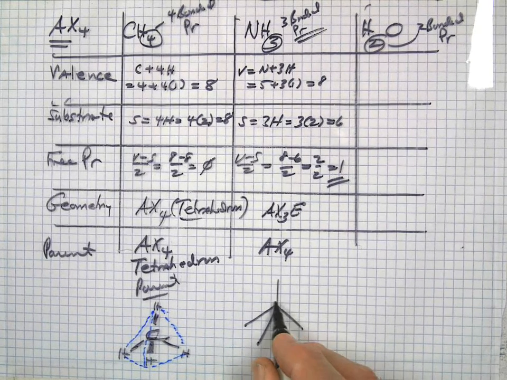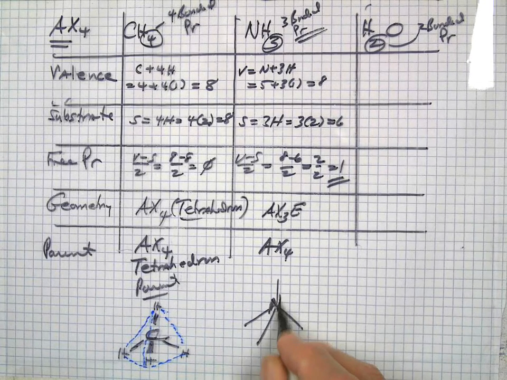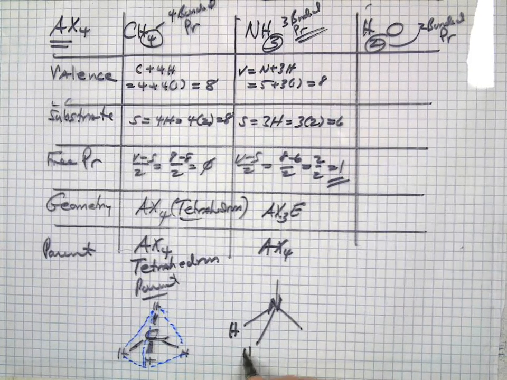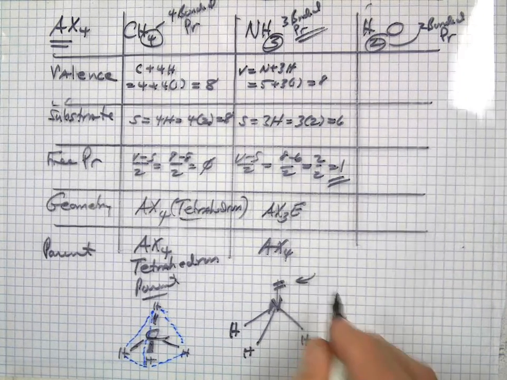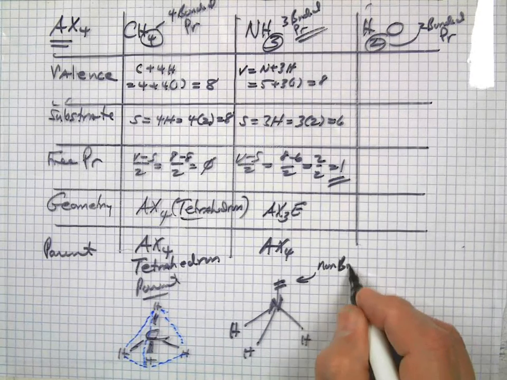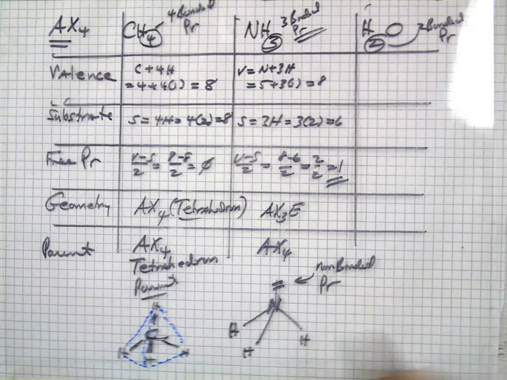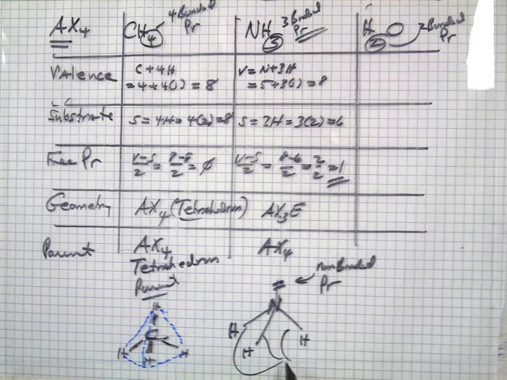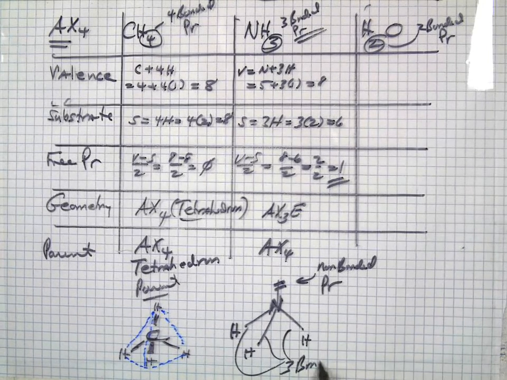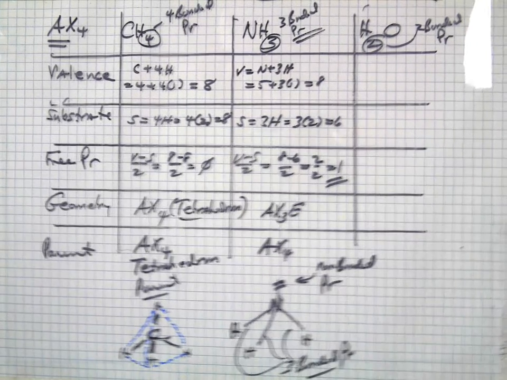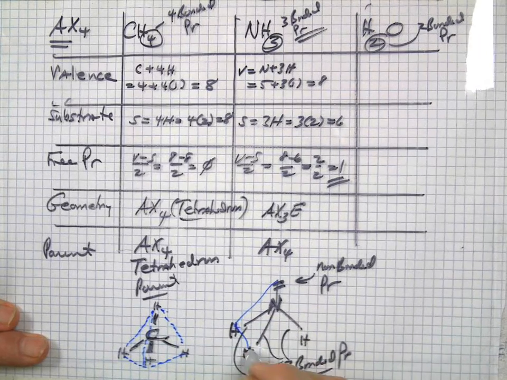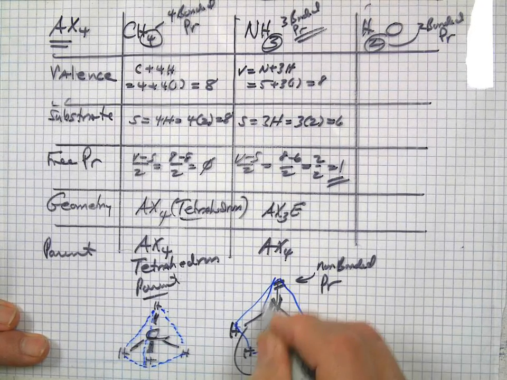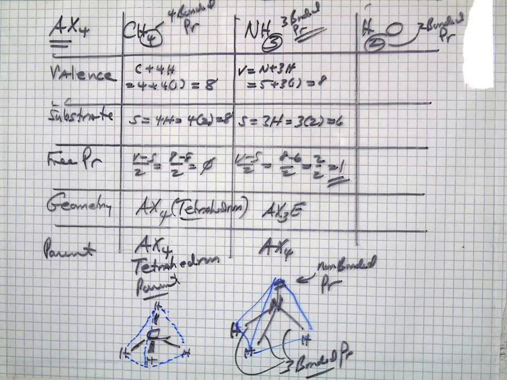So everything starts with an AX4 tetrahedron. And here is your nitrogen in the middle. Right here, hydrogen, hydrogen, hydrogen. But one of the bars is a non-bonded pair. And you have 3 bonded pairs, like that. And the overall structure, again, is based upon tetrahedral type geometry, like that.